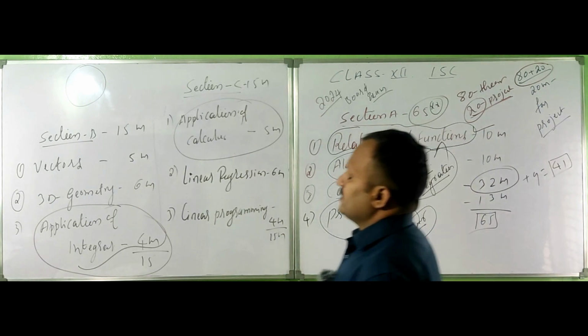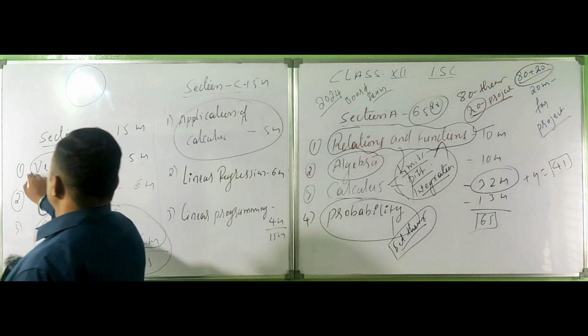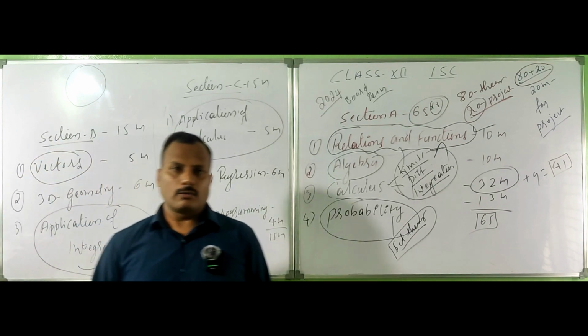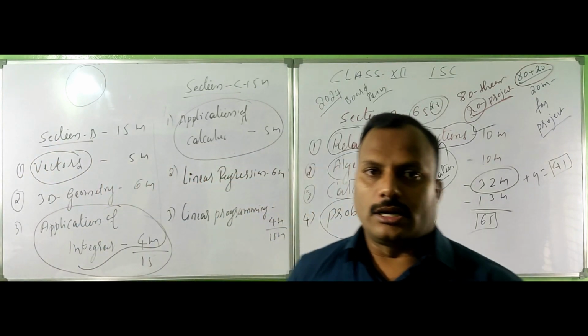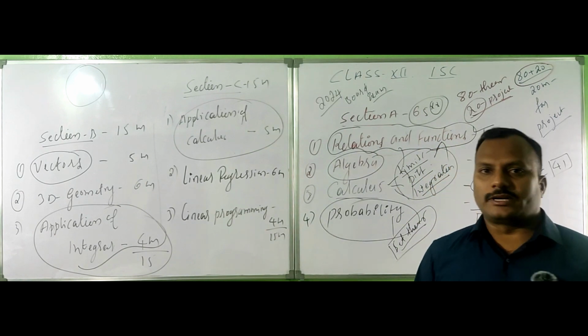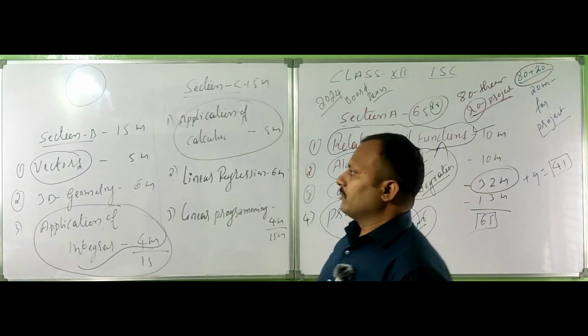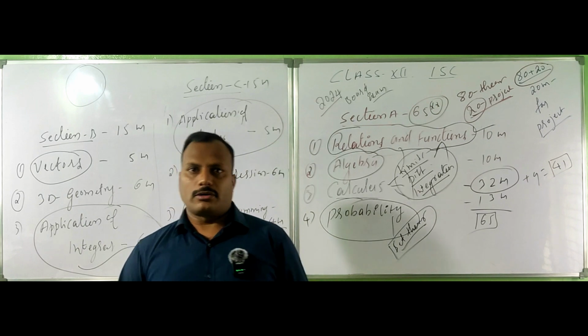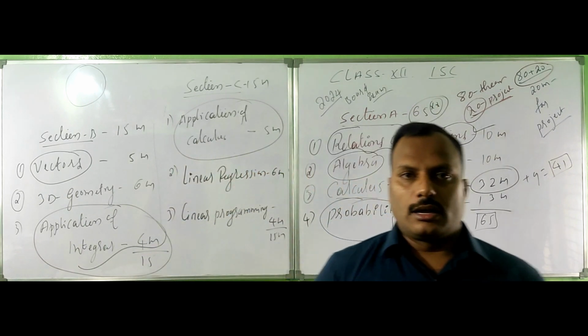Then there are vectors, which is completely a physics chapter. Scalar and vector quantities you already know in physics, for finding velocity, displacement, acceleration, angular momentum. You need to solve some vector equations.